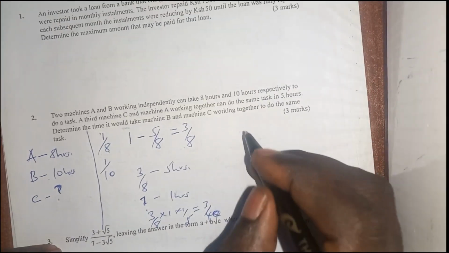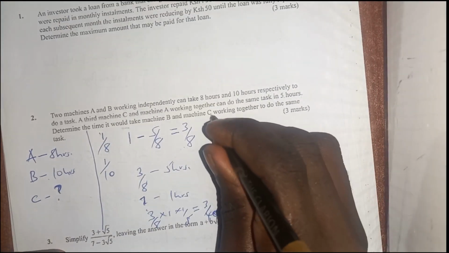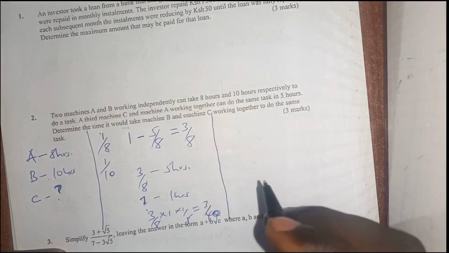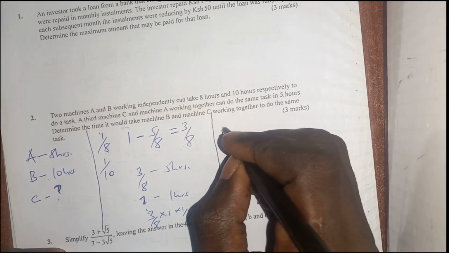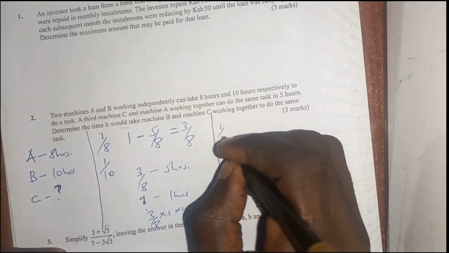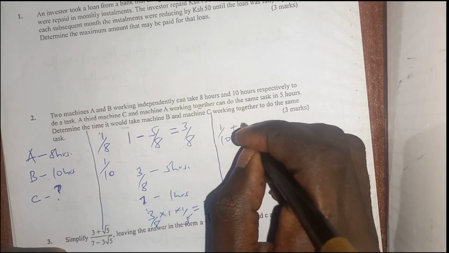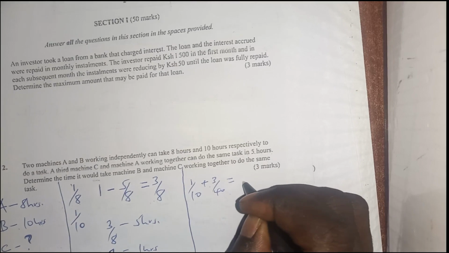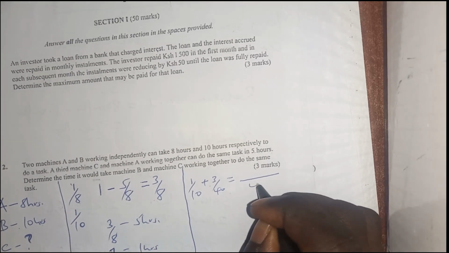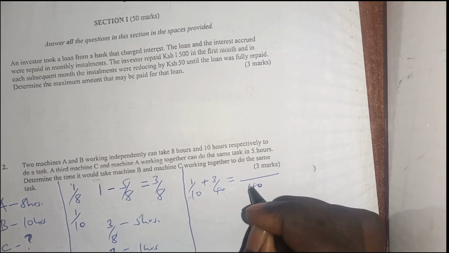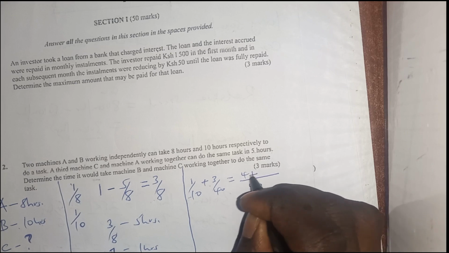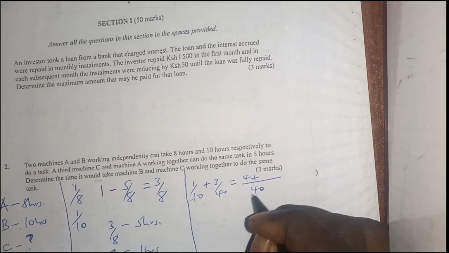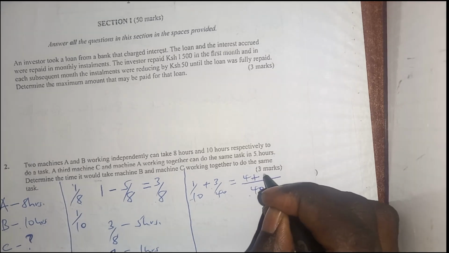So in 1 hour, we have 1 over 10 plus 3 over 40. Let's do this. 40 divided by 10 is 4, plus 3.